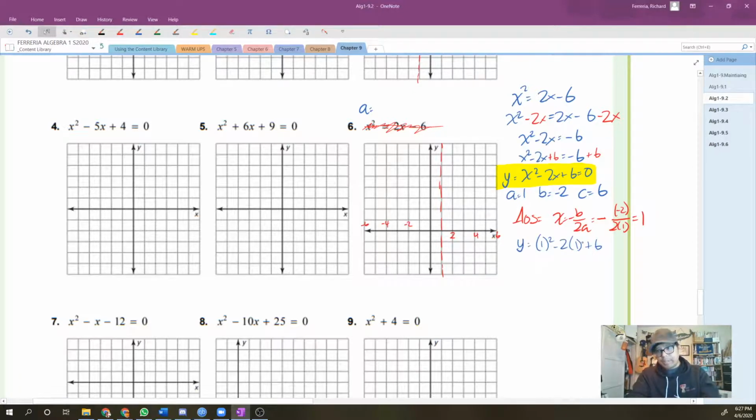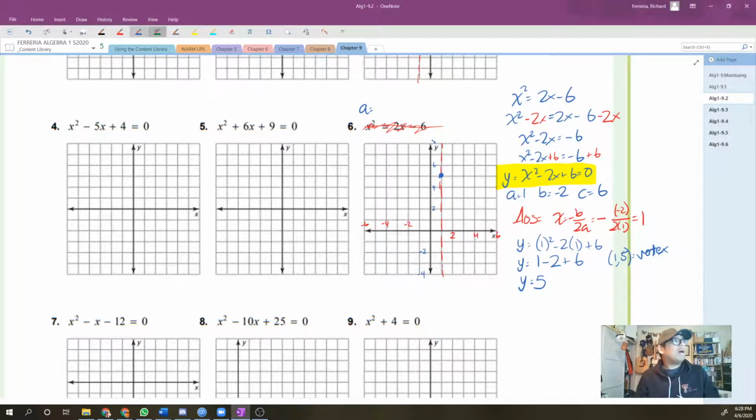Next, of course, let's do all the multiplication. Add them up. Okay, I got a vertex of 1, 5. Maybe I should write that over here, 1, 5. And next, let's figure out where the y-intercept is, and that's going to be at the value of c.